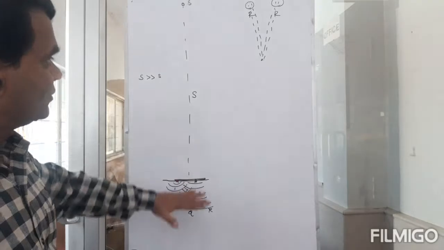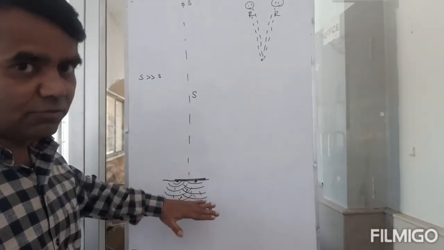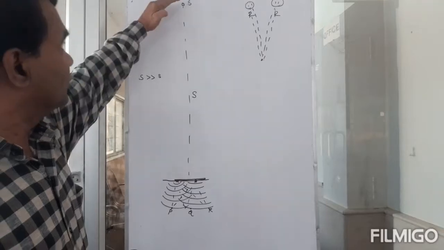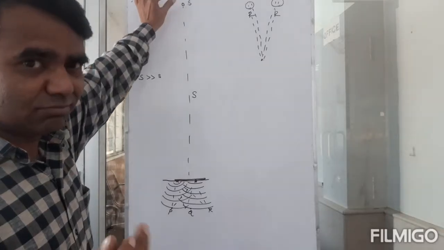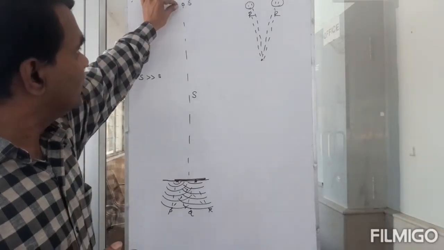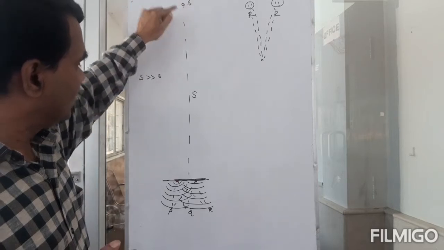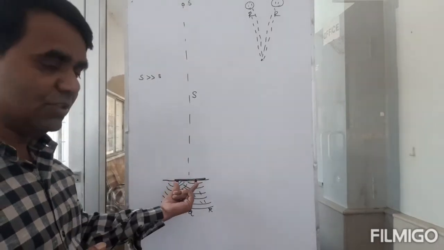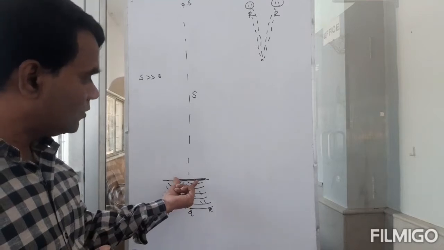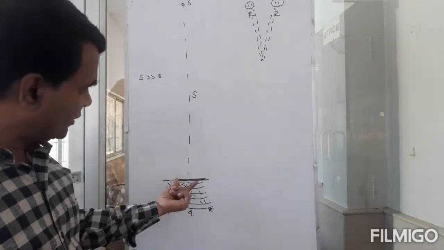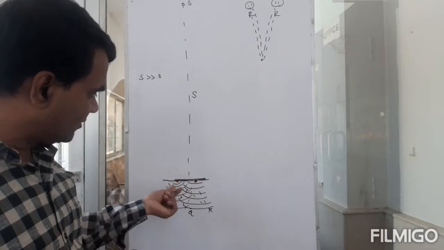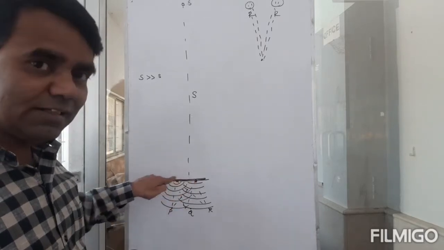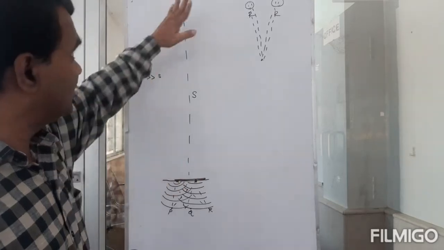But this is how you create two coherent sources. You create two coherent sources from a single source. You take a single source, a reasonably small source, okay, and let's say it has a small size S. But then if you go farther away from the source, you have a plane wave, and when you have a plane wave, this point and this point would be in phase, whatever the source is here.